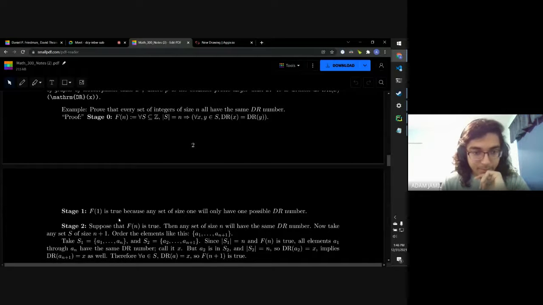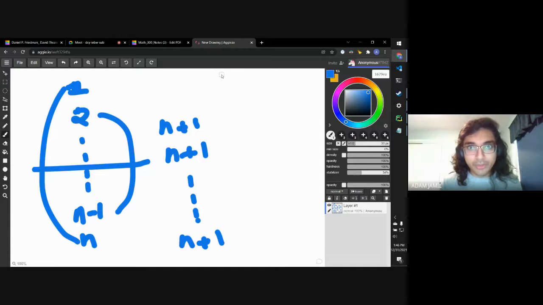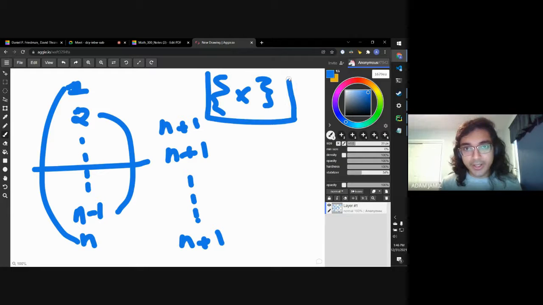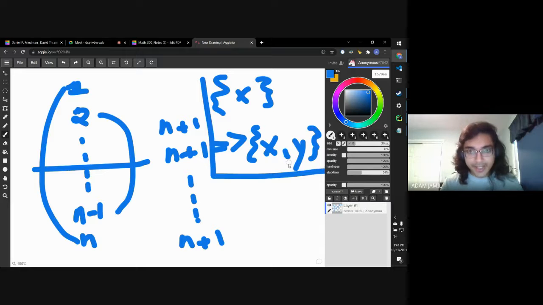And why is that? Well, the problem is quite simply with the one step that is strange, which is that we go from every time that this type of set has the same dr number everywhere, that implies that this type of set has the same dr number everywhere. This really doesn't make sense, right?